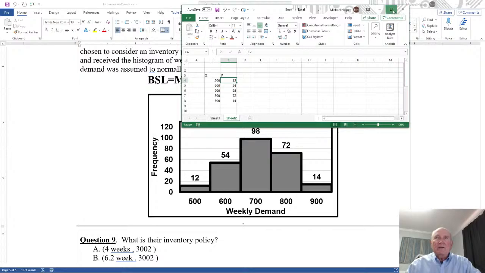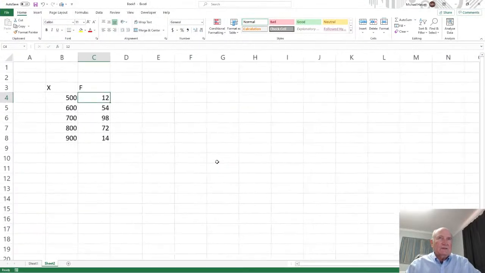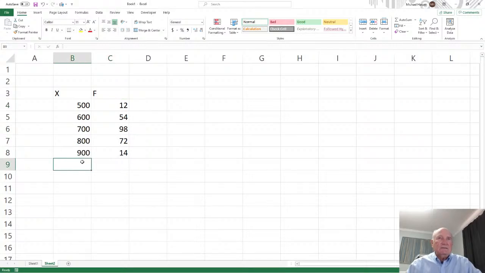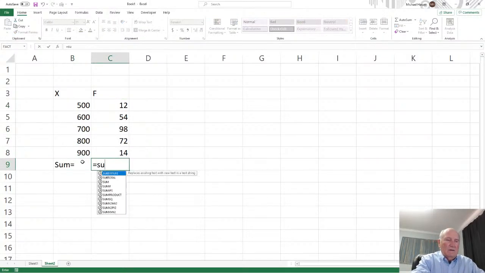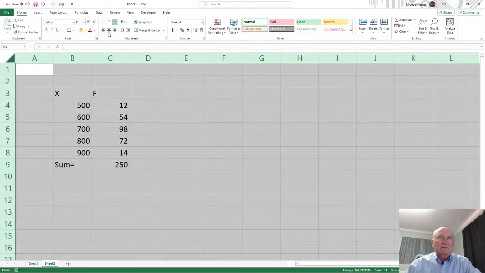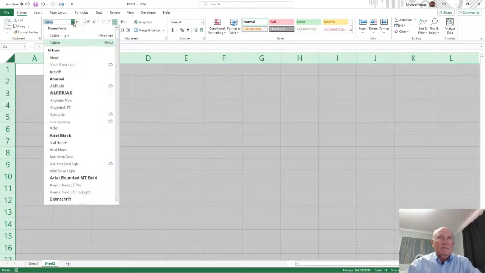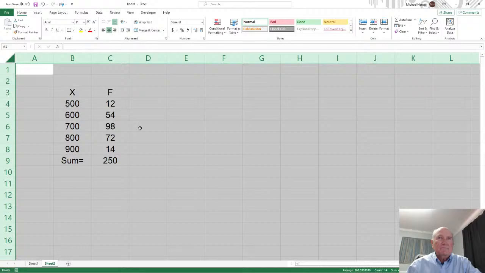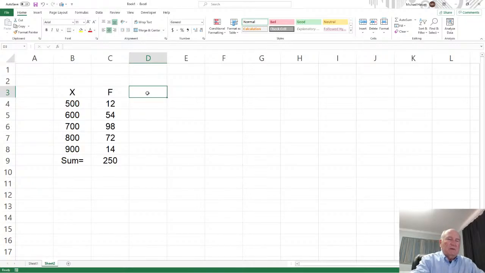From that, we can get a variance and a standard deviation. Okay, let's sum this. And there it is. Let's center all this and make it a little more readable with Arial. I like Arial. From this, let's get the probability.